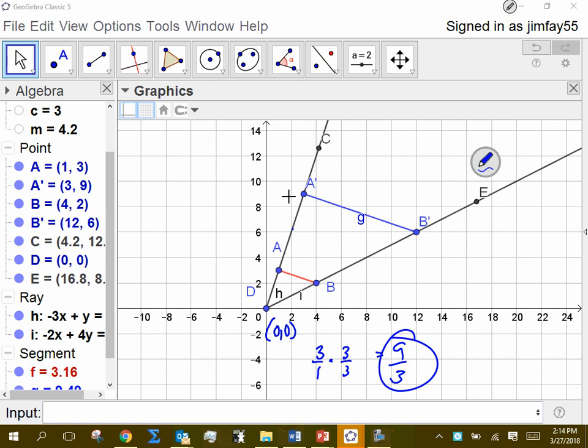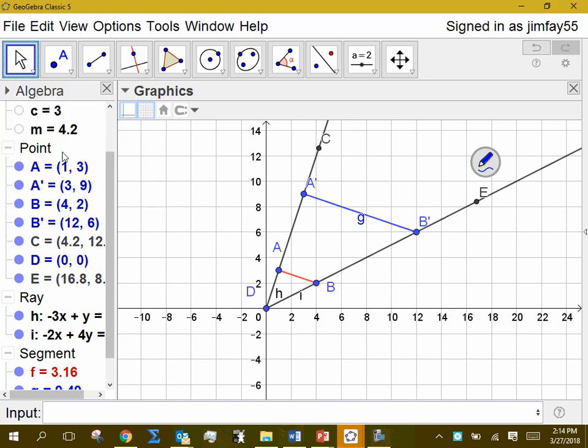Okay. Is that still a slope of 3, though? Which should be maintained because both those points are on this line. And from any point on that line to another point on that line or that ray should be the same slope. All right, so let's do this with, let's say we have a triangle.